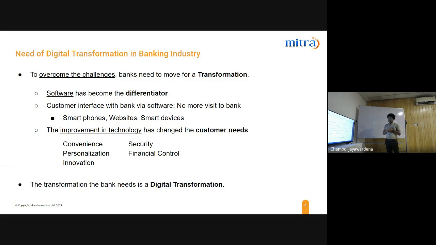The improvement of technology has changed customer needs, so banks also have to come up with a transformation. That transformation should be a digital transformation, to ensure the customer needs, the convenience they expect, maybe the personalization, security, and innovative things.